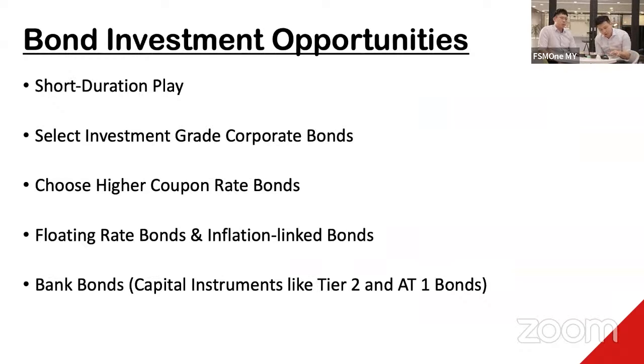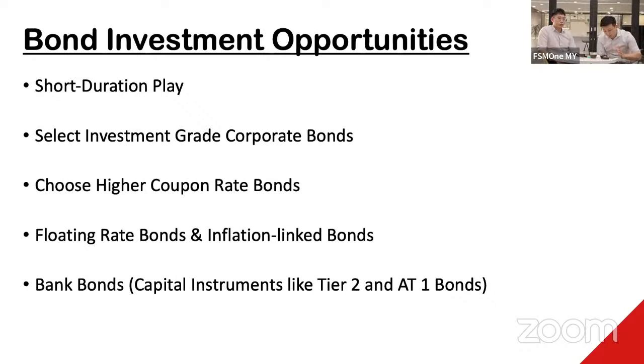When we say short duration, it means that you are buying a shorter tenured bond. Compared to a longer tenured bond, you choose the one that matures nearer in the future. The reason is that a shorter bond has a lower sensitivity to interest rate changes than a longer dated bond.